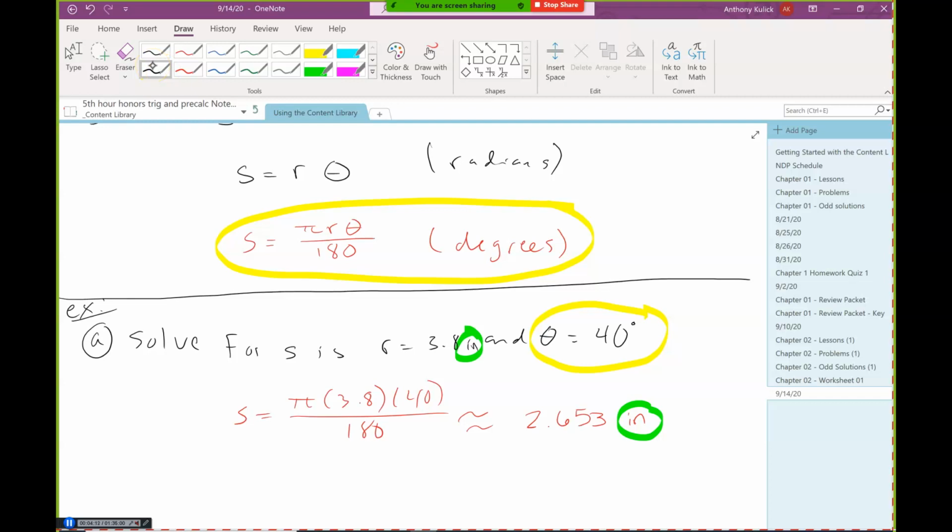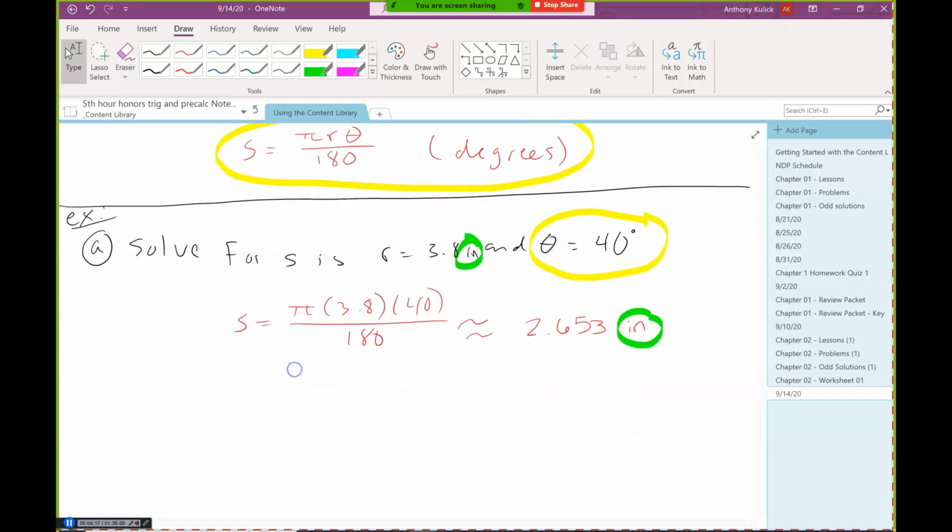How's that feel? Pretty easy, I hope, right? Just pick the right formula and plug the numbers in.